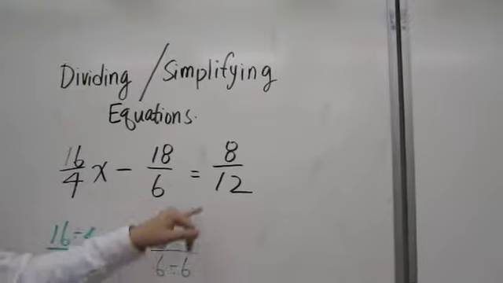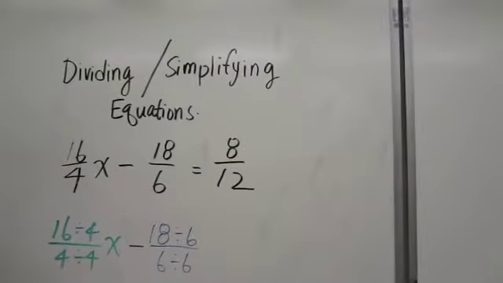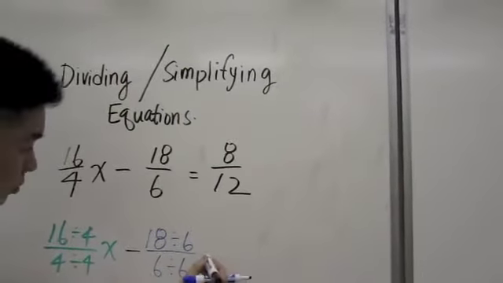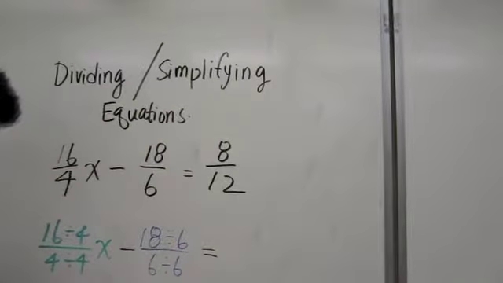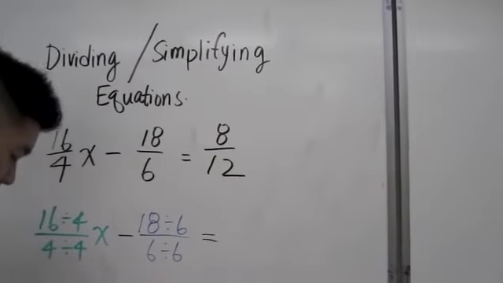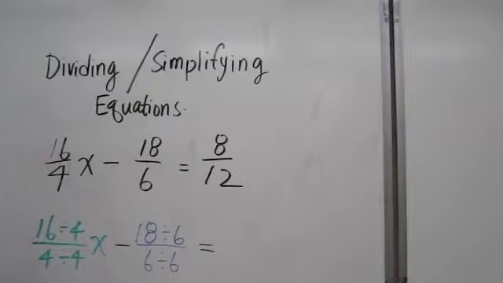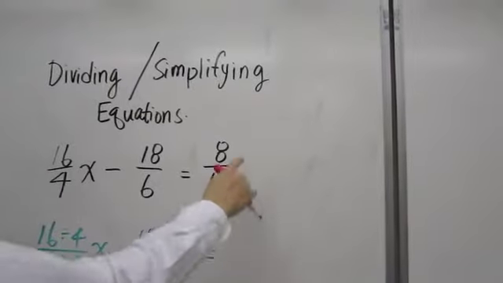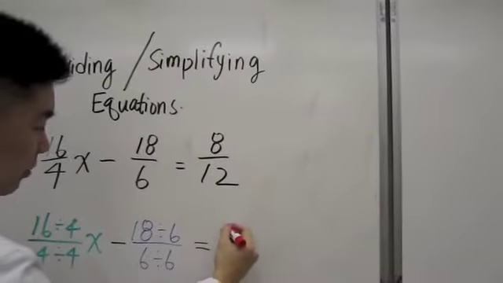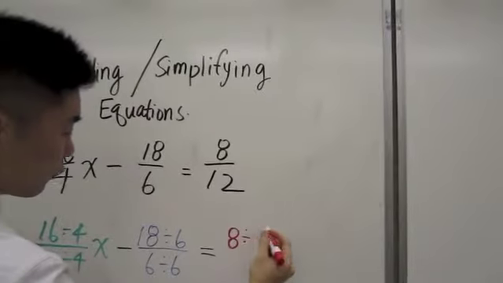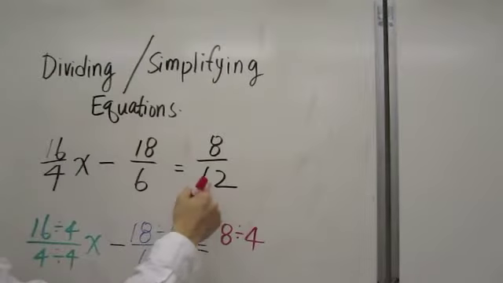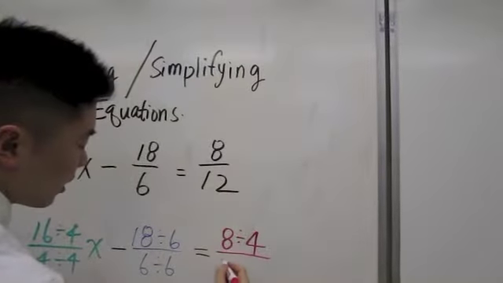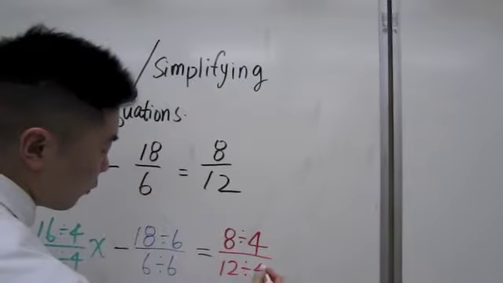The last fraction I need to look at is 8 over 12. And again, you might be getting good at this already. 8 can be divided by 4, and 12 can be divided by 4.